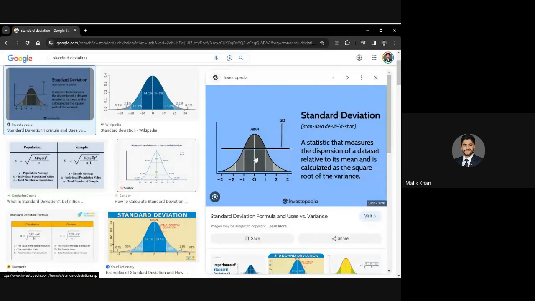What will happen is that a lot of the data will accumulate towards the center, because a lot of people now have age somewhere over here. So what will happen to the bell? Would it become tall or would it become flattened?